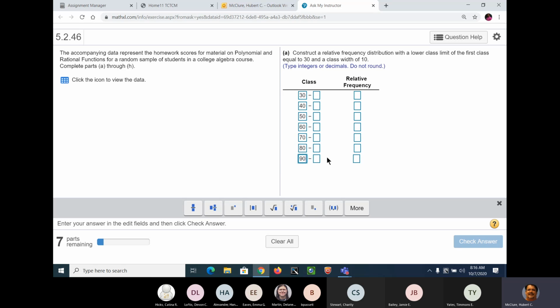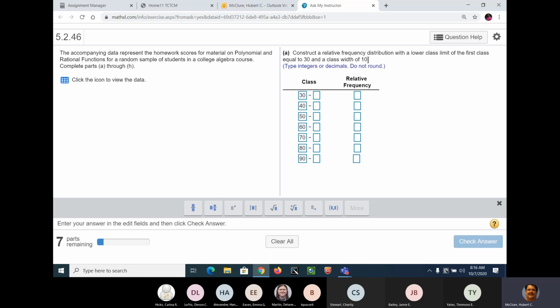And a lot of people say, well, how does that tell us what to do? Well, you start with 30 and you add 10 to it. If you had 30 and 5, then you do 35, 40, 45, 50, 55, 60. If that was a 2 instead of a 10, it would be 32, 34, 36, 38, 40, 42, and so on.